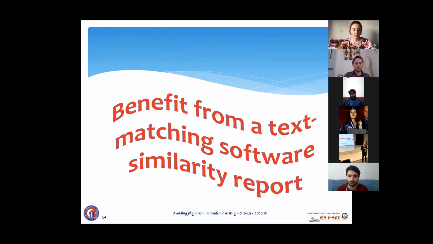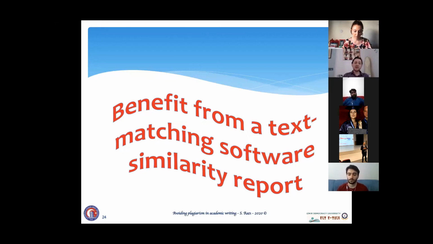If you check on the internet, you will see many other systems claiming to check text matching, but we need to be very careful about text matching software. Students sometimes might be anxious about similarities or plagiarism concerns before submitting their assignments to tutors.